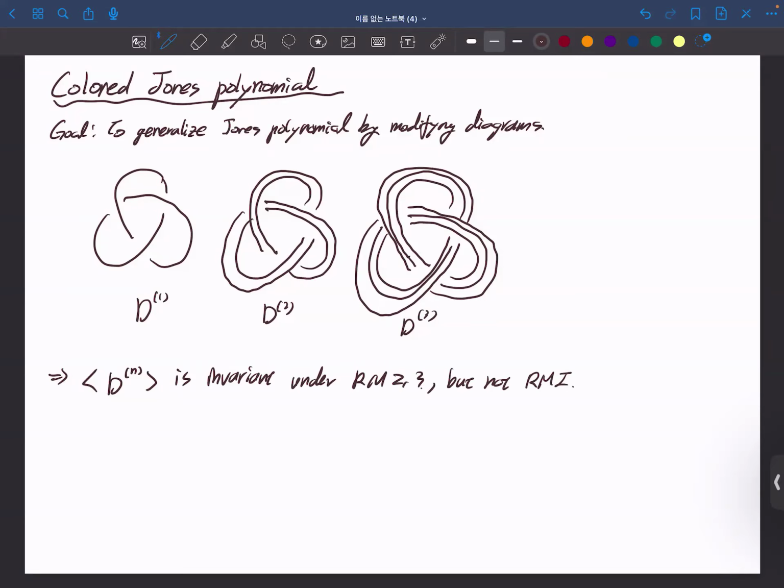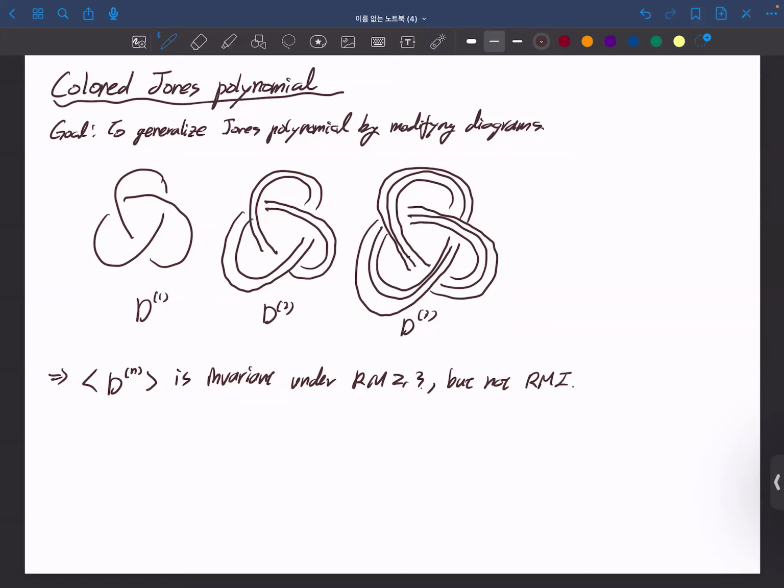Actually, in some sense, it is quite clear, because originally the Kauffman bracket is not invariant under Reidemeister move 1. So let us see what happens when we apply Reidemeister move 1.